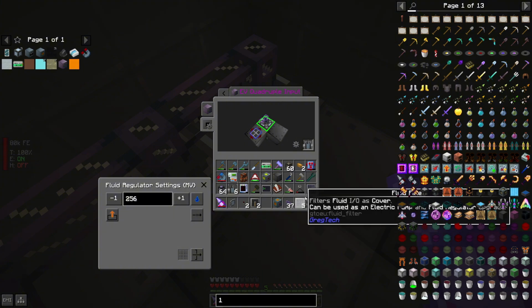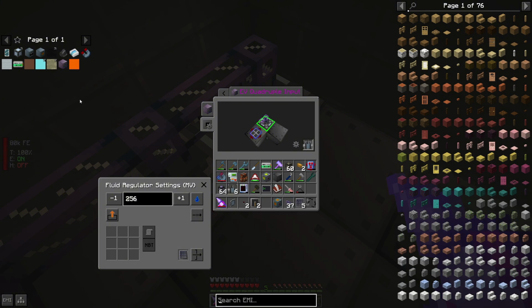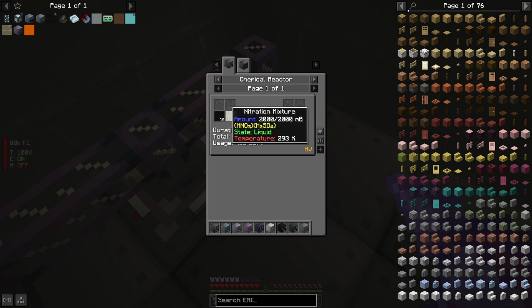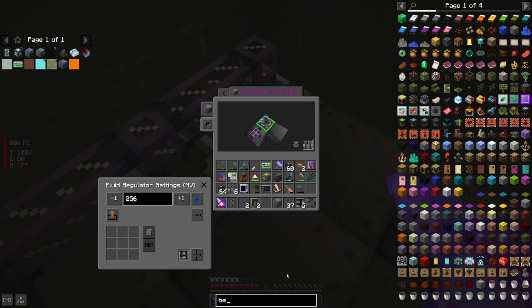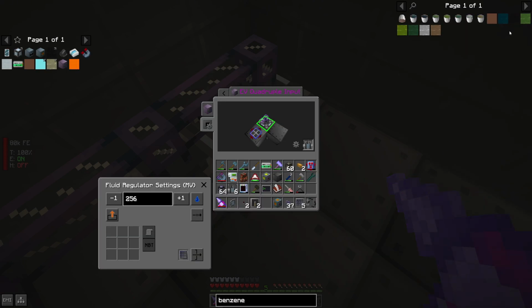open this up. And the nitrobenzene is going to be 5-benzene, 2 mixture. Oh, wait, we need the distilled water. Of course we do. Okay, we'll get this up anyway, and then we'll go get the distilled water set up.